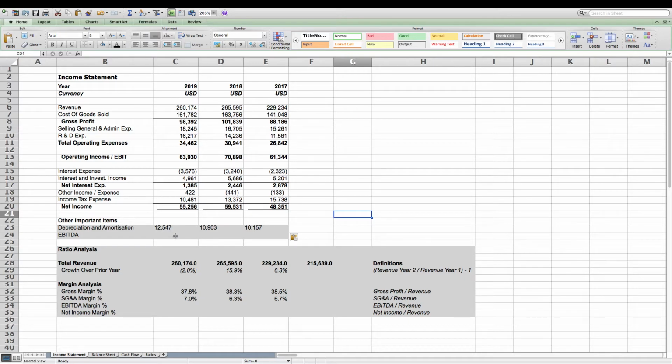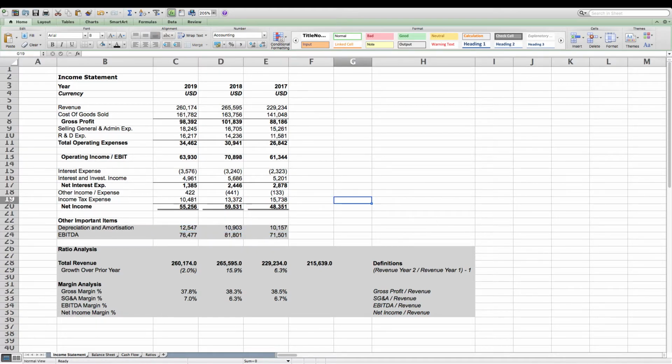So now we've got the depreciation. In order to calculate EBITDA, all we're going to be doing is taking the EBIT and adding back the depreciation and amortization, and then copying the formula over for the next 2 years. Just going to format it appropriately.